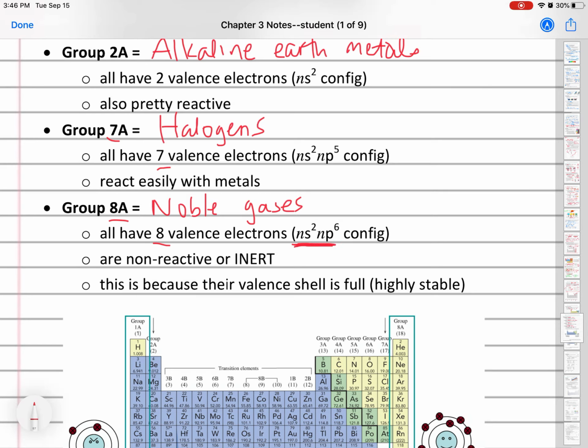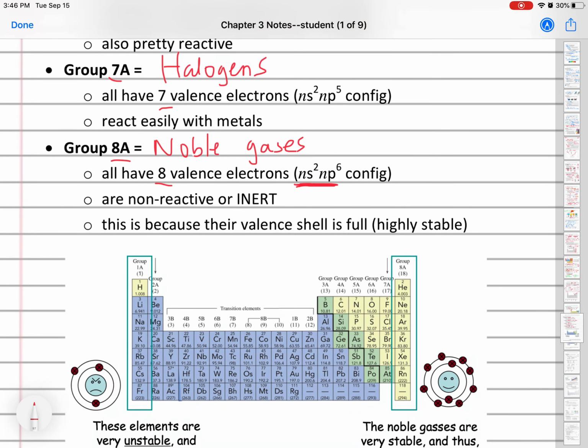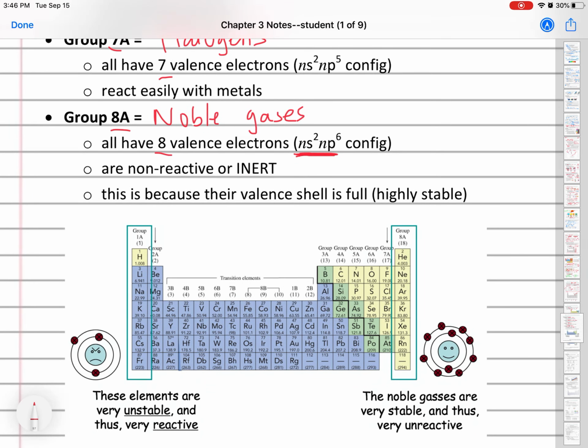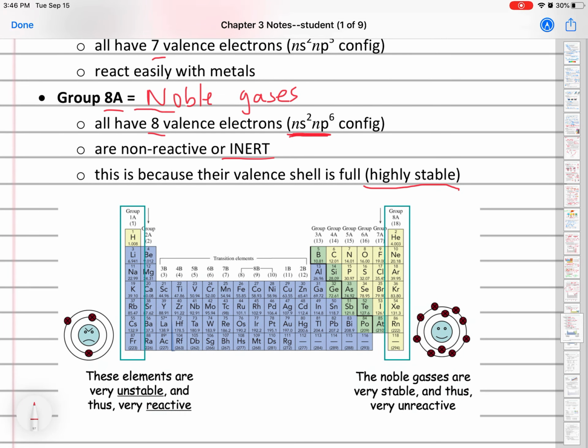So for any energy level, all of the s and p orbitals are filled. And it turns out that that's a very stable state. That results in these noble gases being very non-reactive, or we say inert, which means non-reactive. It's because their valence shell is full that makes them very stable. So they don't do reactions.